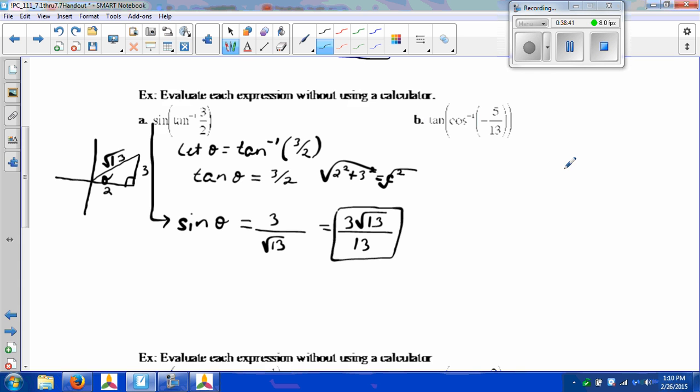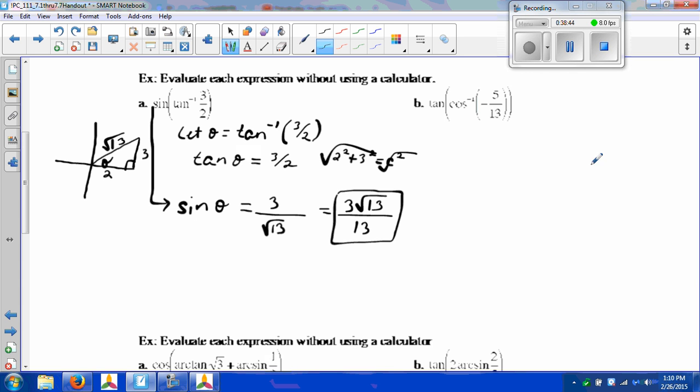Now let's try this one. I recommend that you try it now and see if you get it right. See if you can do it along with me or faster than me. I'm not going to talk during this one.